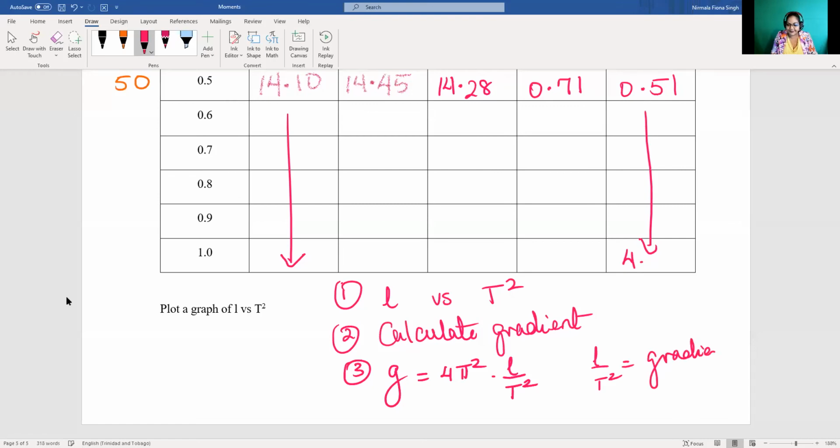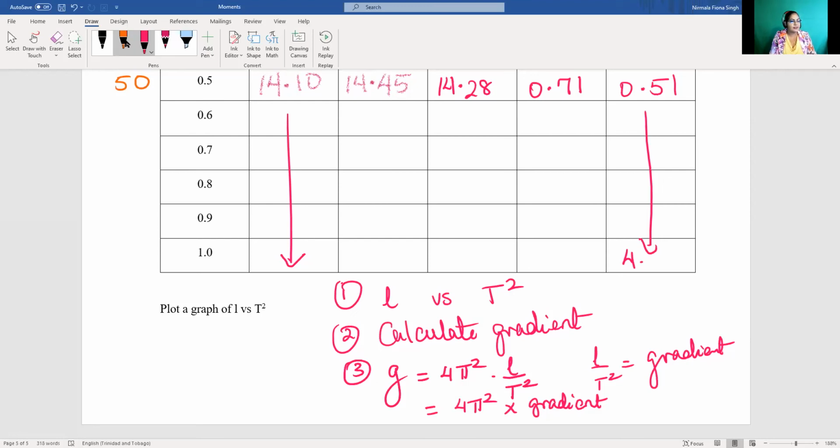So all you have to do now is multiply 4 pi squared by your gradient answer, and you are going to get g. Please do not forget your units.